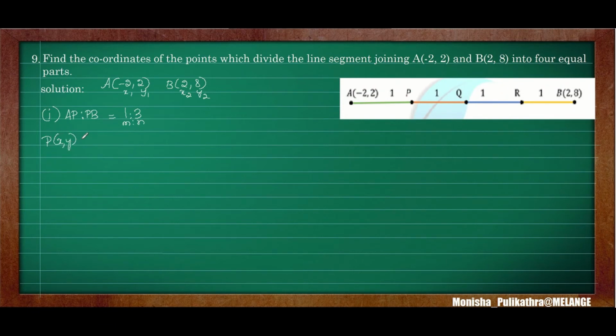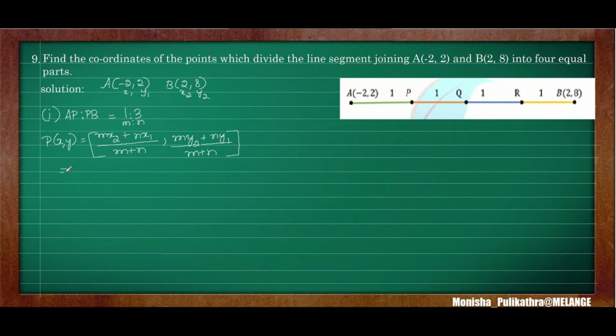P of xy is equal to mx2 plus nx1 by m plus n, my2 plus ny1 by m plus n.